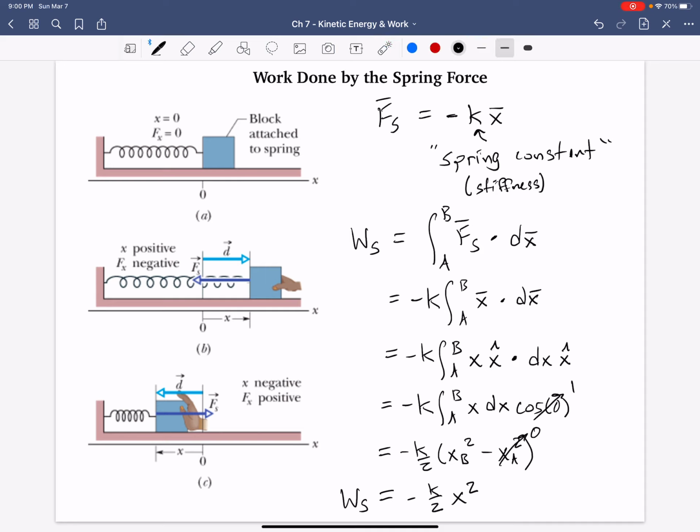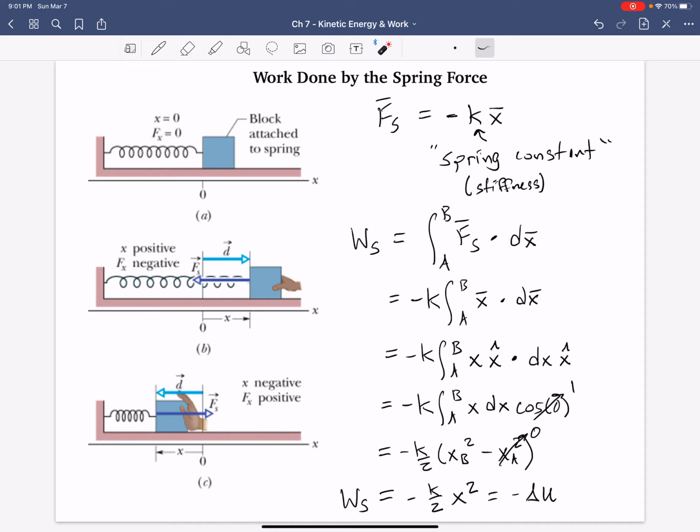You'll also remember from previous videos that work is equal to negative delta U. And so this means that the spring has a positive potential energy because the negatives cancel out, and the magnitude is 1/2 kx squared. So the spring, as it's being stretched from equilibrium out to some maximum distance, does a negative amount of work. Well, that means, in other words, that its potential energy is increasing.